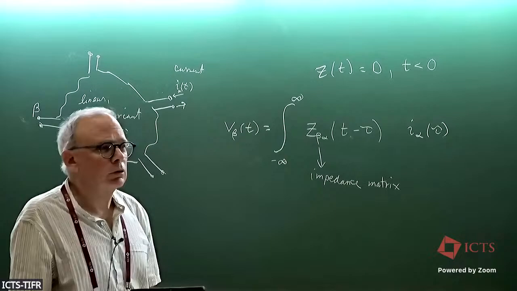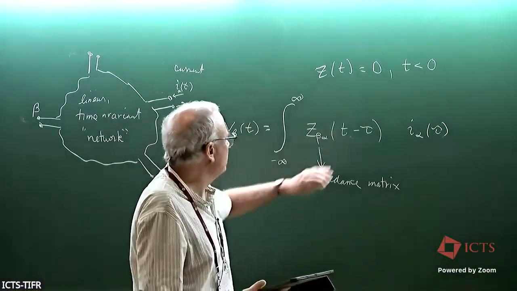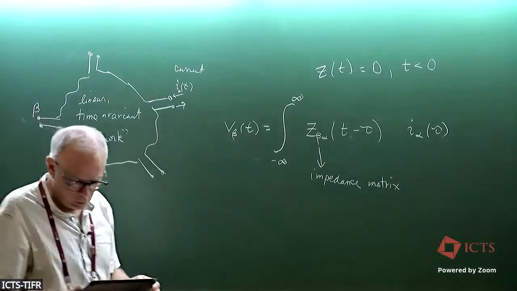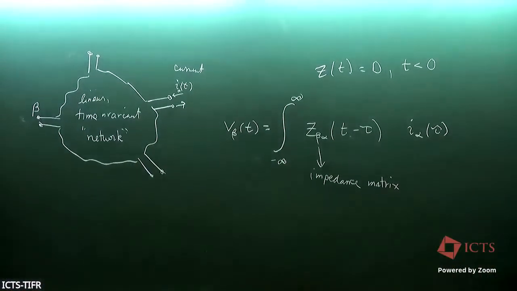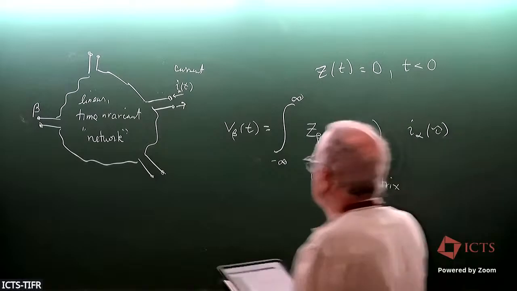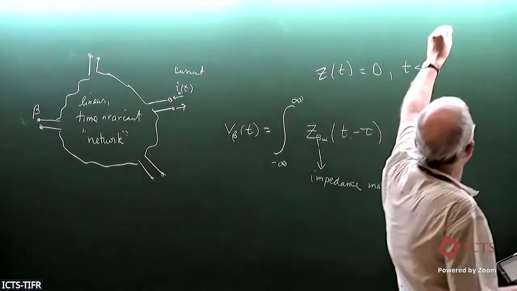Usually the electrical theorists will take advantage of this time invariance by going to frequency space, or actually more commonly to Laplace space. So let's consider that. First we have a Laplace transform.